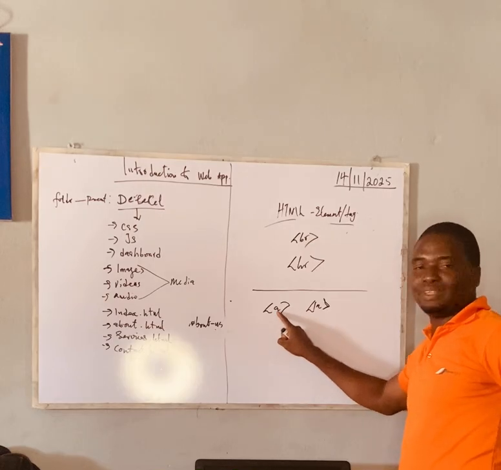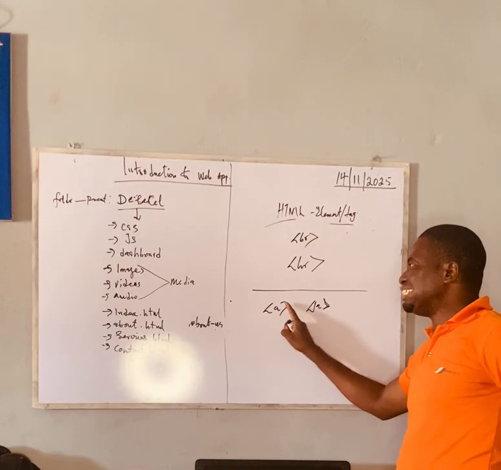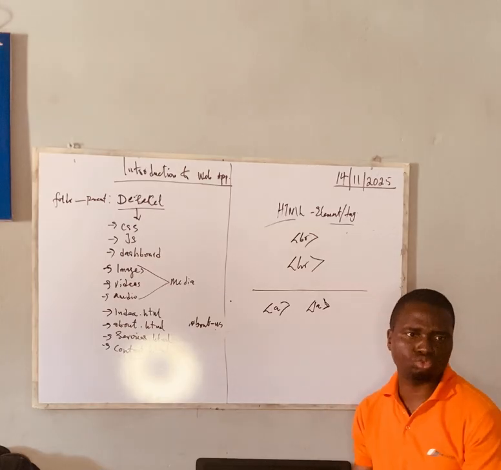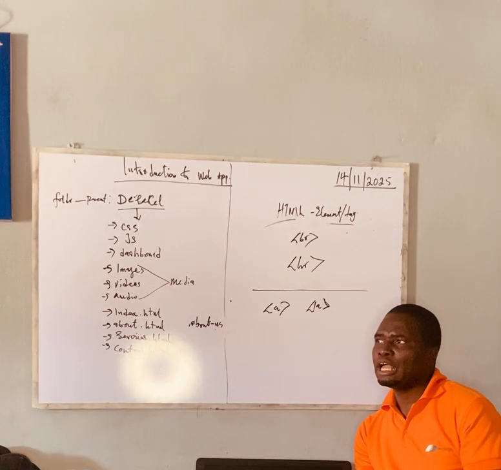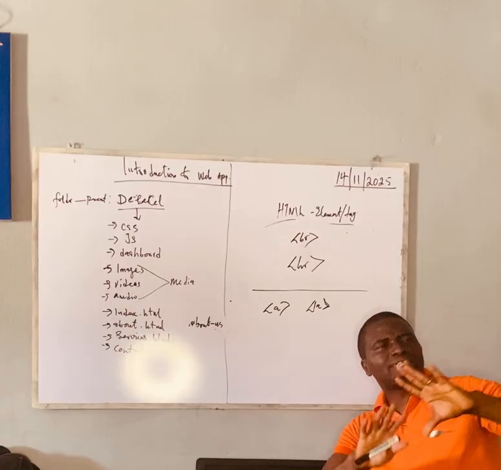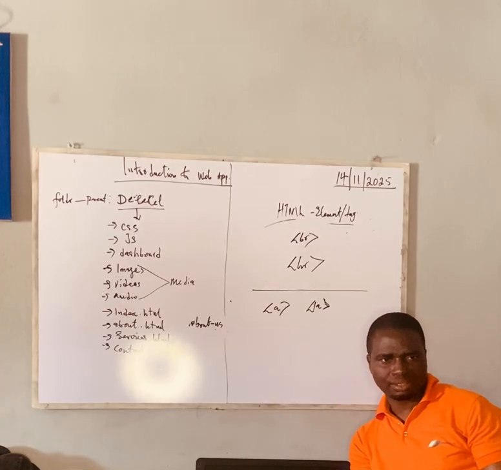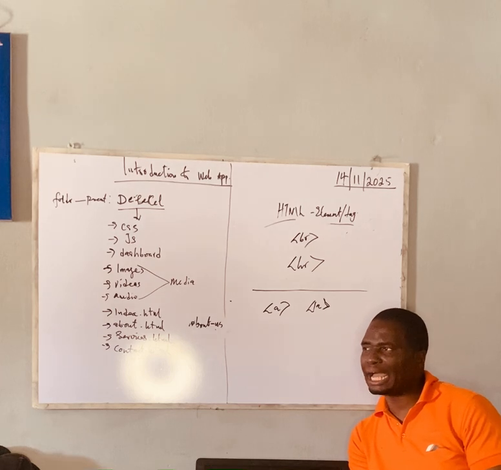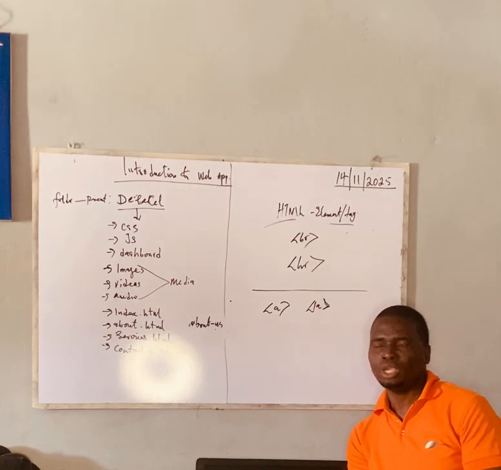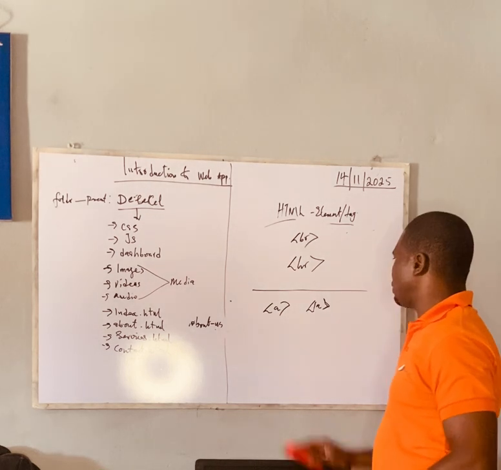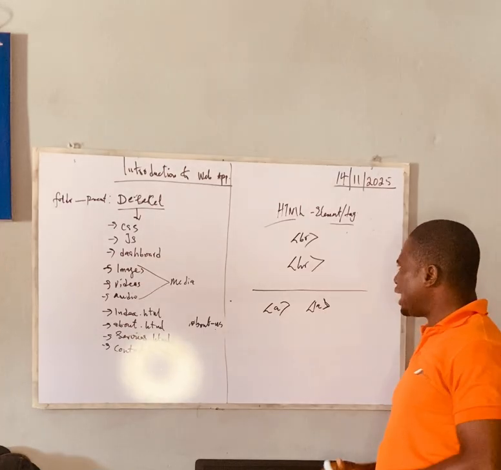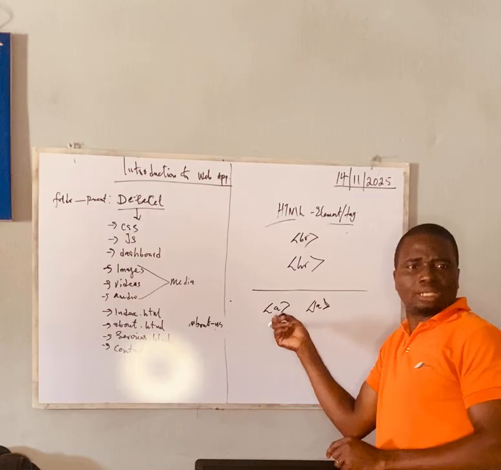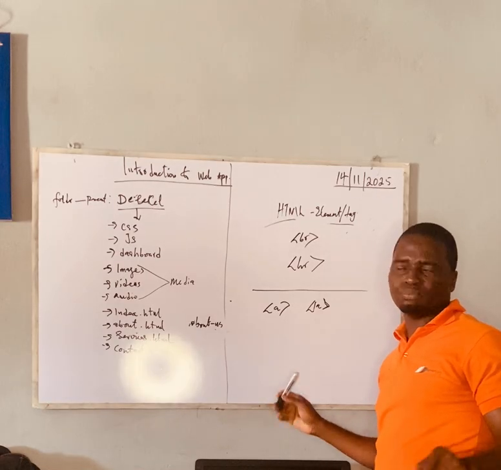This is the owner of the tag, A. Then there are attributes. We have basic attributes that every tag can carry. Then we have peculiar attributes. When we say peculiar attribute, we mean this attribute is peculiar only to a particular tag. Are we together? Good.